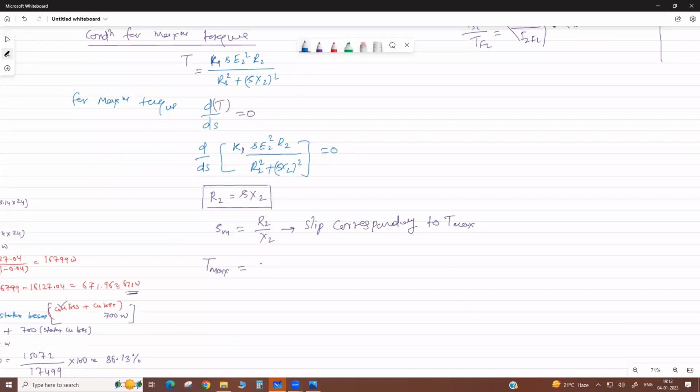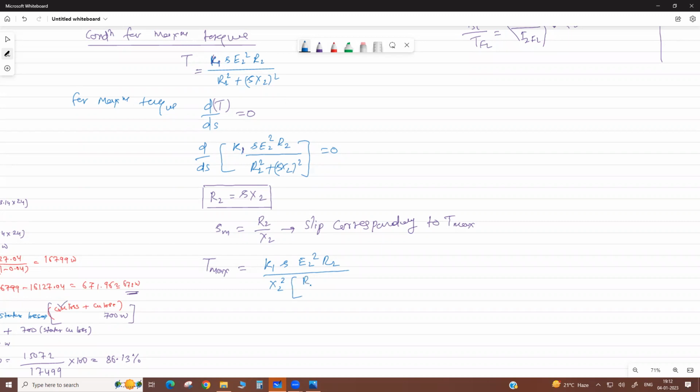See how: there is a K, it becomes slip times of E2 square R2. In the denominator you take X2 square as common.